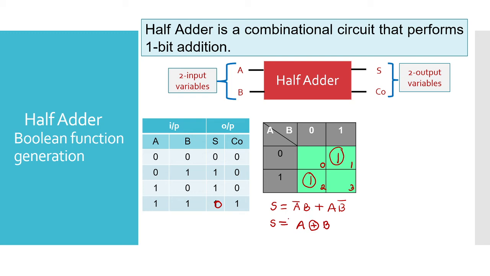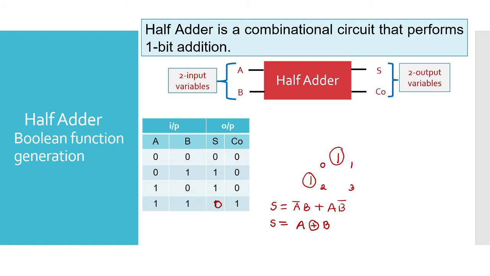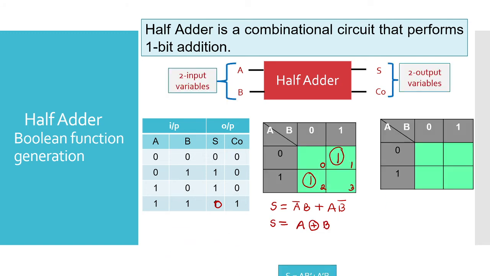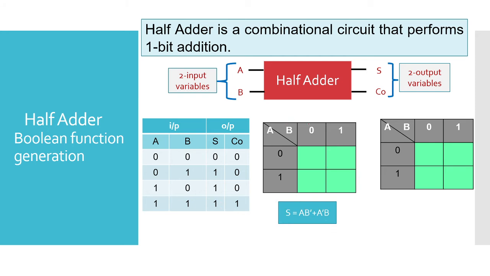Okay, next see the next table. This table I am drawing for C0. Again I will draw the K map and fill in the cell numbers. Just map the one. You see only one is there, and it is in cell number 3, so I will fill 1.